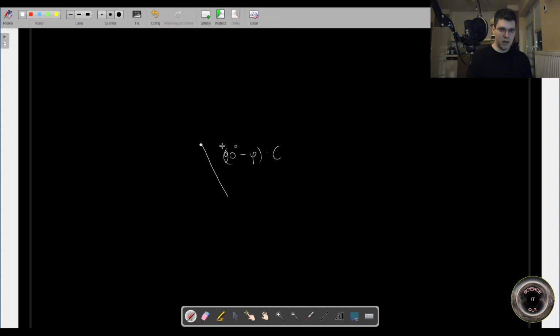So this will be equal to r, and longitude is actually easy because we still have the 0 degree meridian, and we just have this angle, which is the longitude.